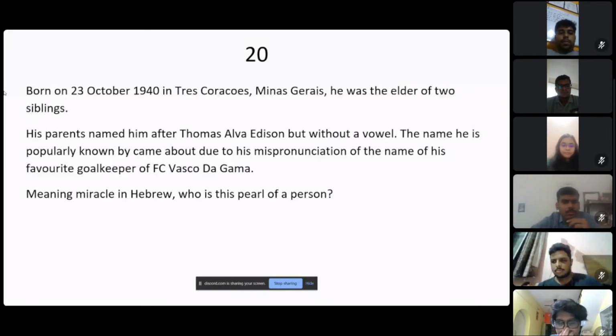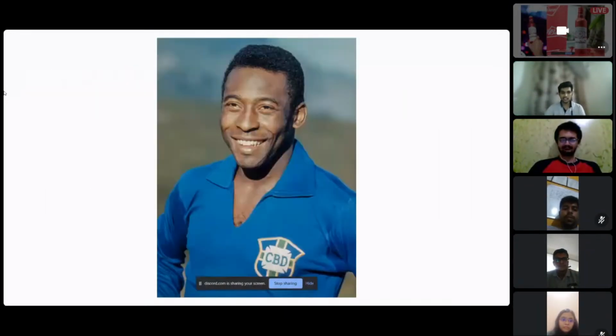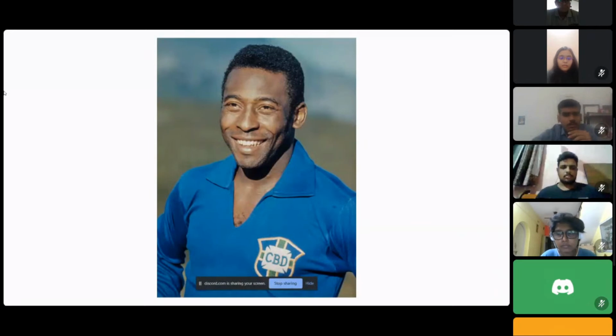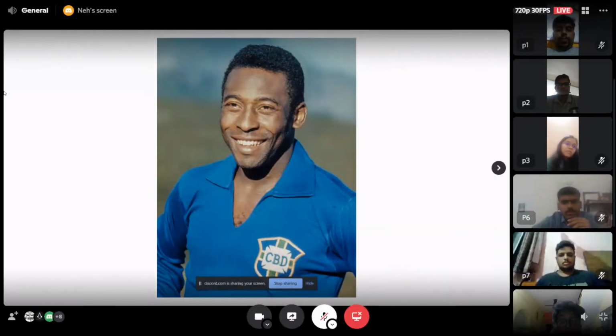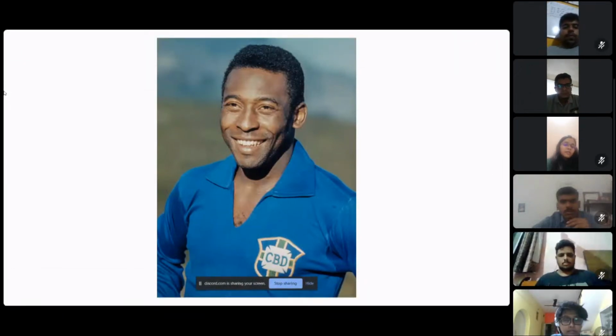No, pass. Okay, P6. It's Brazilian footballer Pele. Brazilian footballer Pele is the correct answer. His name means miracle in Hebrew, and when you connect football with Brazil, you get only one name, not Neymar, because it's in the 1940s.